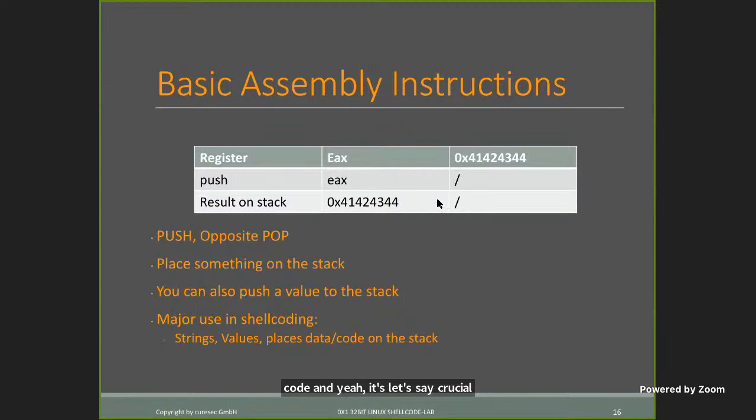Then there's push. Push is placing a value on the stack. We talked a little bit already about the stack, not going too deep into it. What we can see here is that the register EAX has a value of 41, 42, 43, 44, which is basically A, B, C, D if we look it up in the ASCII table.